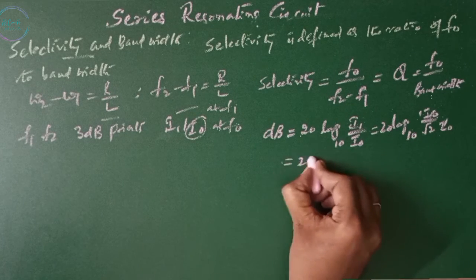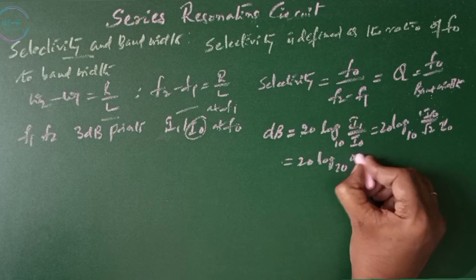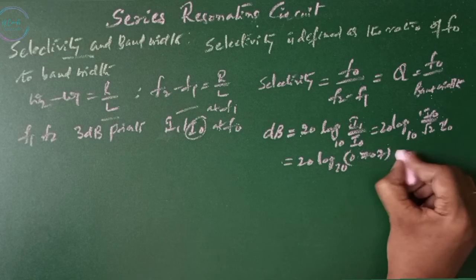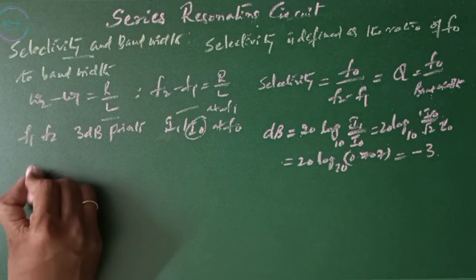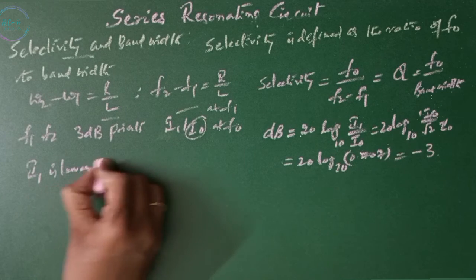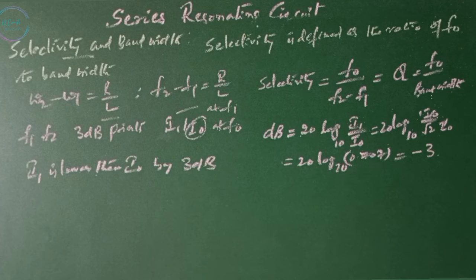Or simply you can write 20 log to the base 10 of 1 by root 2, which is 0.707. If you calculate this, we get minus 3. That is, I1 is lower than I0 by 3 dB. Similarly, F1 is lower than F0 by 3 dB.